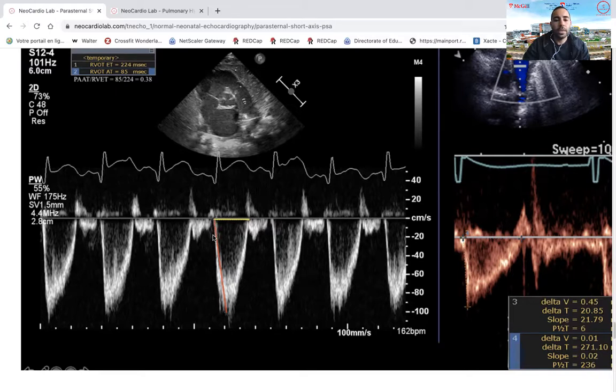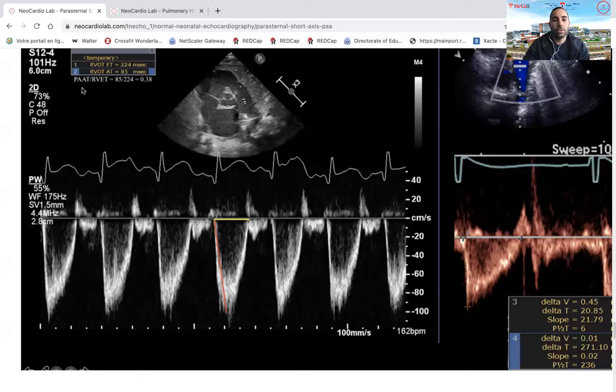This is the entire time that you spent with forward flow in your pulmonary artery as the pulmonary valve opens. So obviously the entire time is considered to be the ejection time. And the time that you spend accelerating gives you a sense of the degree of increased afterload. So if you have this U-shaped appearance, you'll have a tendency to have a more prolonged acceleration phase.